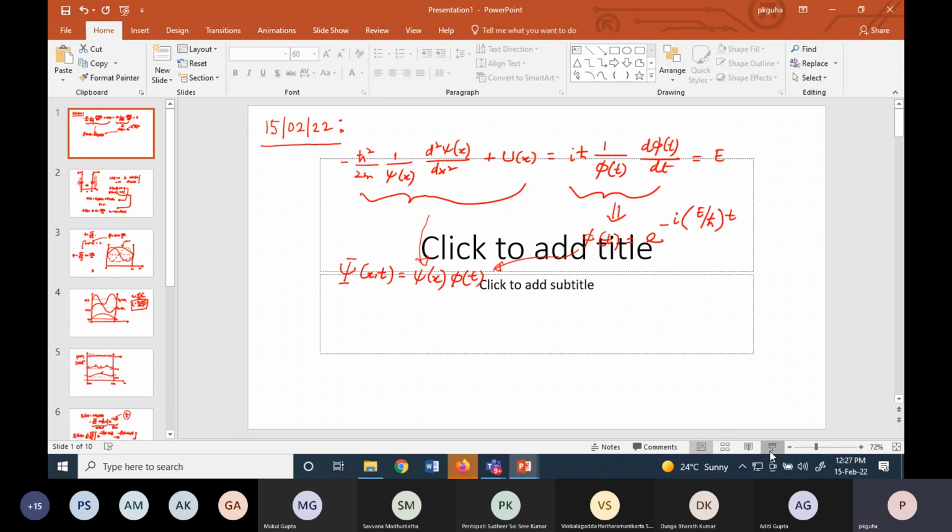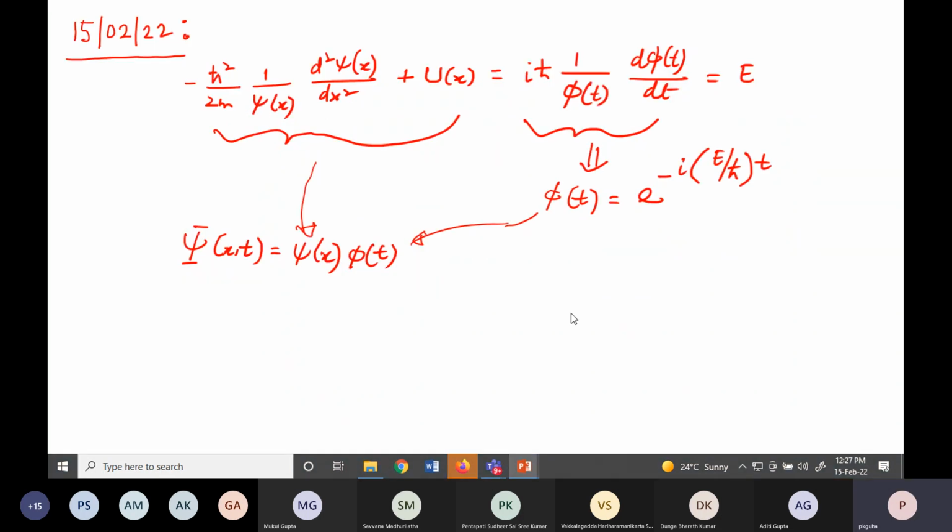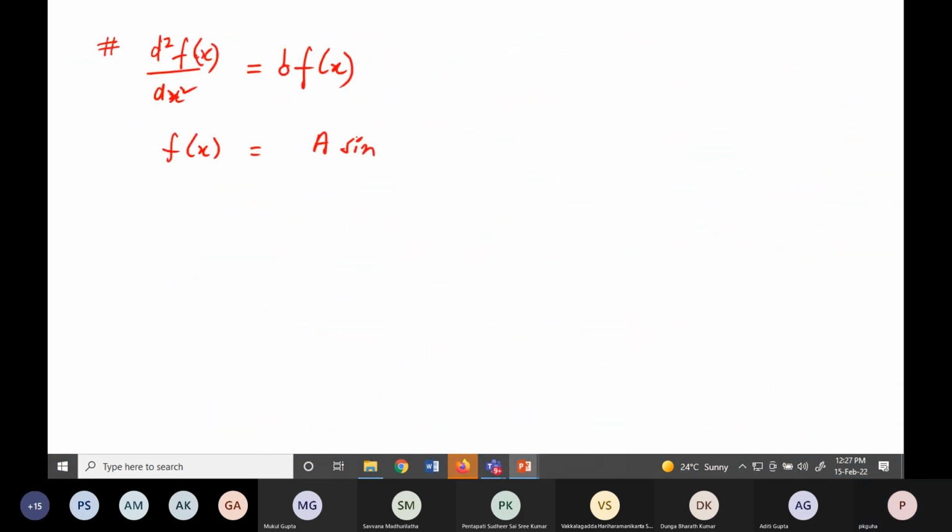So if we write a similar expression, a sin kx plus b cos kx, here it will be a sin root over b x plus b cos root over b x, right?